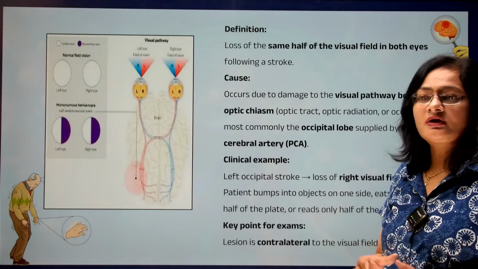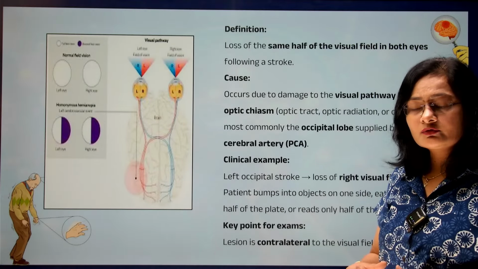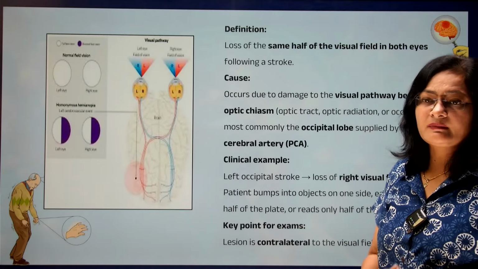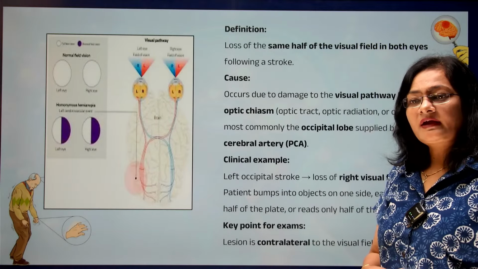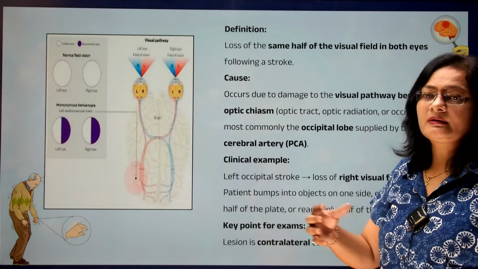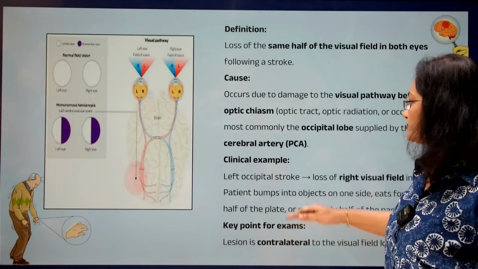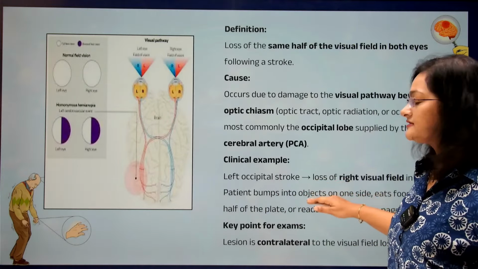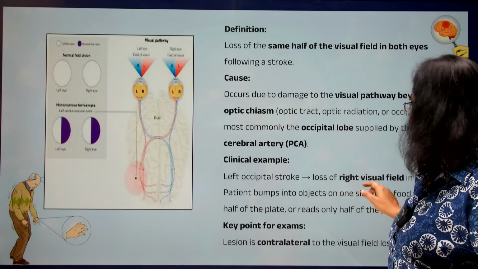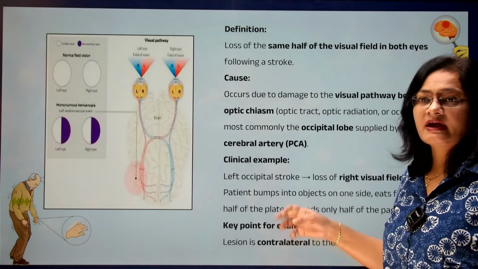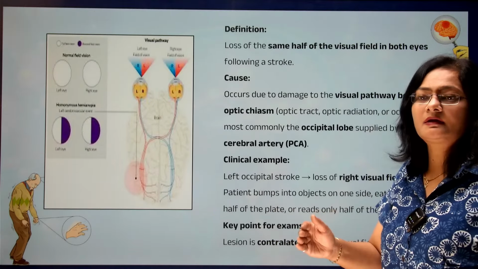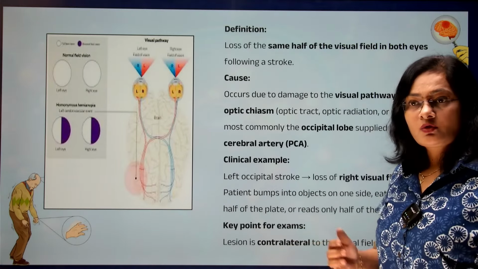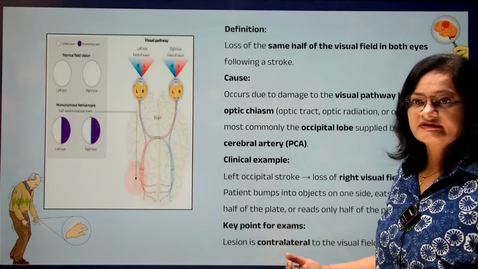It is always contralateral. What do you understand by contralateral? It means the homonymous hemianopia will be on the side opposite to the lobe which is affected. So when a left occipital stroke is present, it will result in affection of the right visual field. That is why it is known as contralateral homonymous hemianopia. Contralateral means on the opposite side.